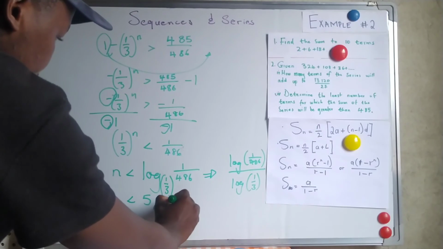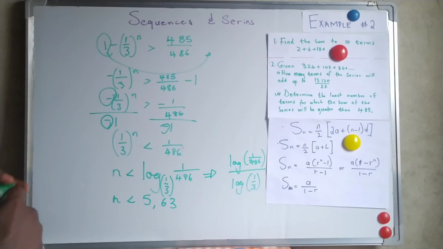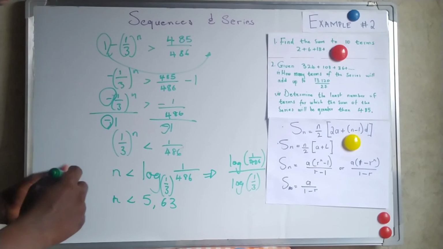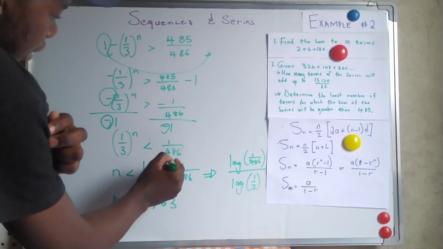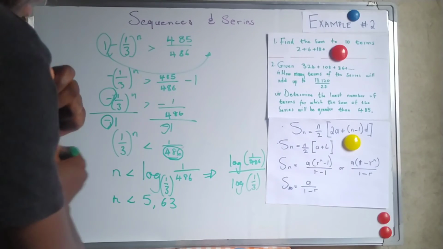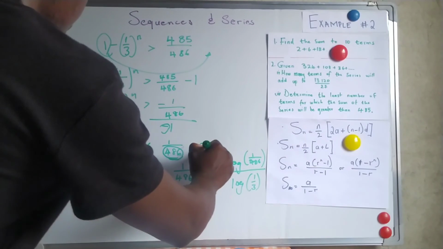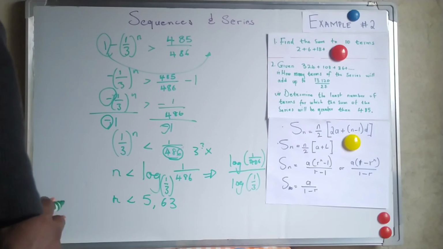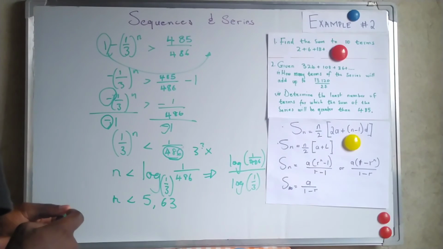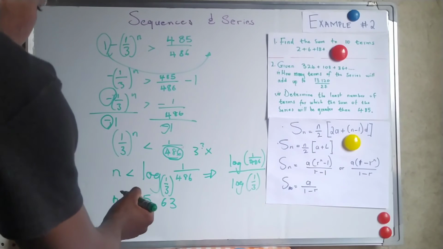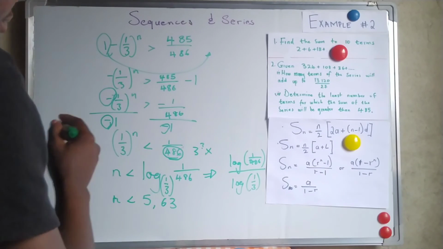5.63. Another reason why it's a log here is because this number, you can't have it as 3 to the exponent something, it's impossible, unless it's a decimal. So you have n less than 5.63.